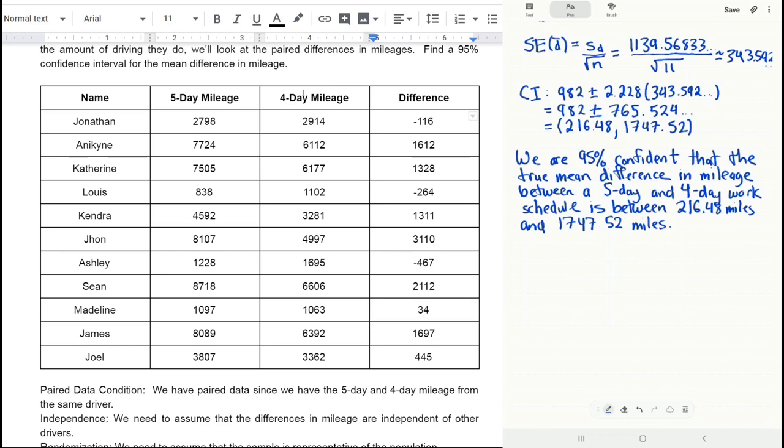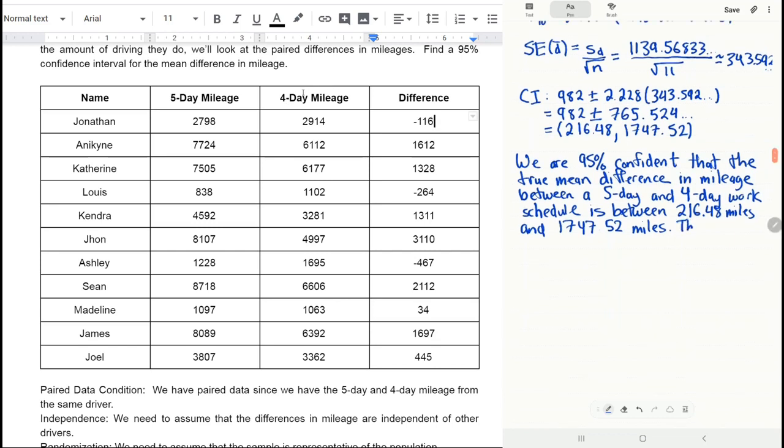And so this interval suggests that the 4-day work schedule reduces the mileage driven by the field workers.